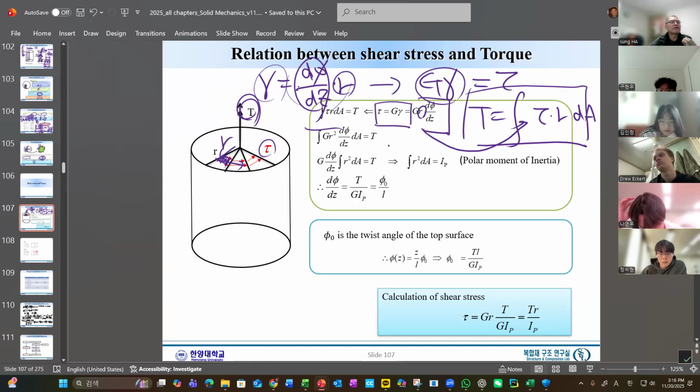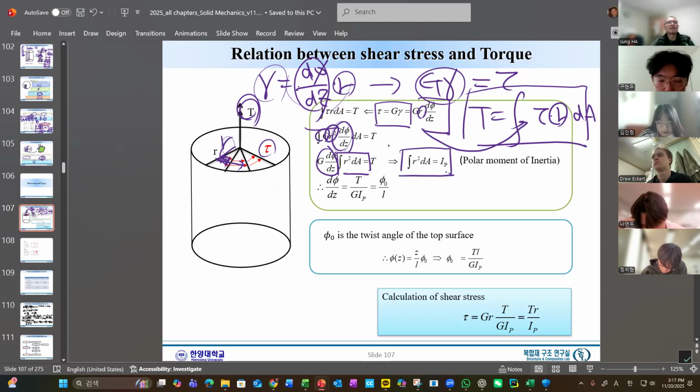R means that strain is proportional to R. That's the first R. And second, there is another R. That's the definition of a torque T. So put it here, we have twice of R and G and d phi dz and torque T. So d phi dz and G are constants out of the integration. What is left? R squared dA and T. What is this? R squared dA is the definition of the polar moment of inertia.